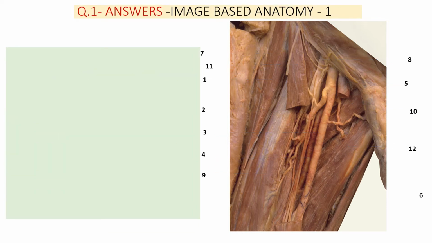So now let us see how to answer this question. If you look at the number 1, it's a muscle. What is that muscle? It's the tensor fascia latae muscle. So this is the lateral aspect of the thigh, and this is the medial aspect of the thigh.